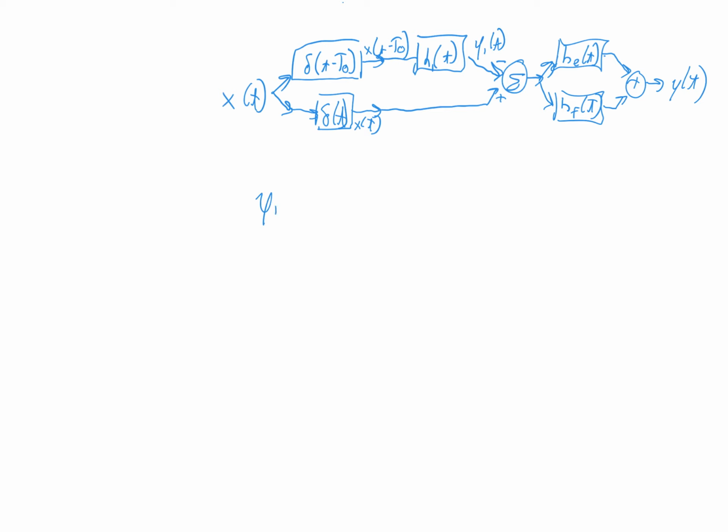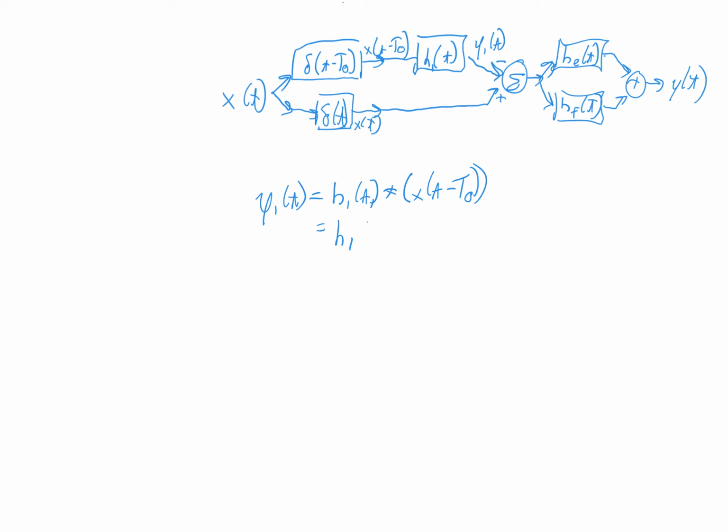Using what we have so far, and then associativity, y1 of t is the impulse response h1 of t convolved with the input to the h1 block, which is x of t minus t0, as we can see from the diagram.